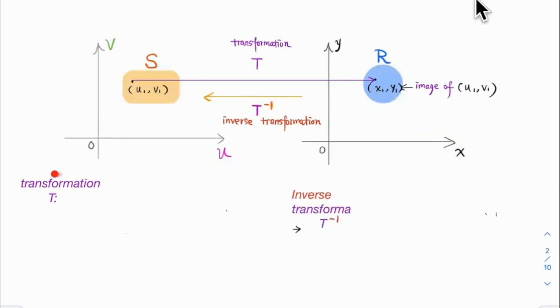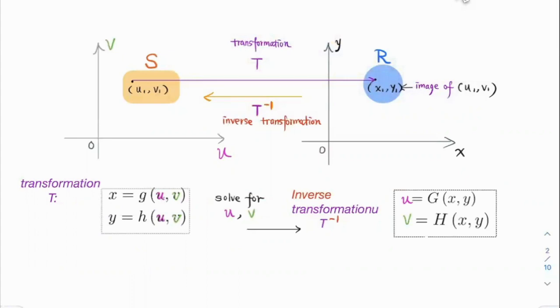Now, T and T inverse are inverse transformations. If we know T, how do we find T inverse? If we are given x equal to g of u and v, y equal to h of u and v, how do you find T inverse?